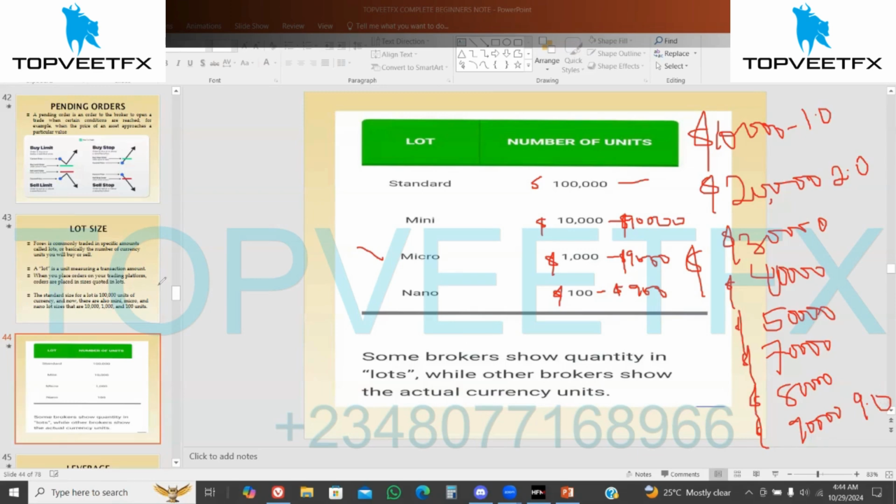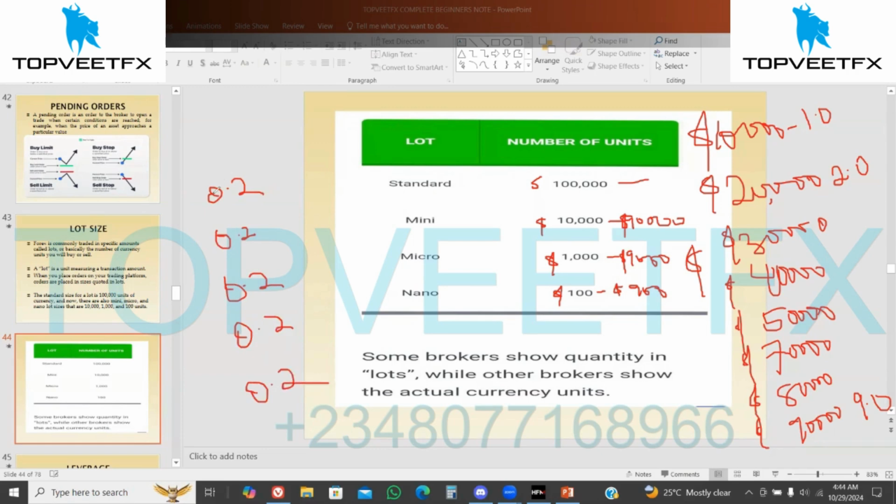So meaning that if you have all this equity as your balance, if you want to trade many pairs, don't go out of your lot size. Let's say, for example, I have $10,000 and I want to enter 5 different pairs. I can say 0.2, 0.2, 0.2, 0.2, 0.2.